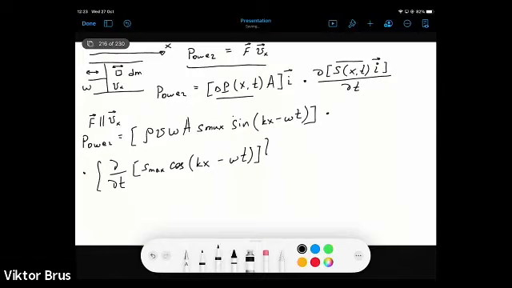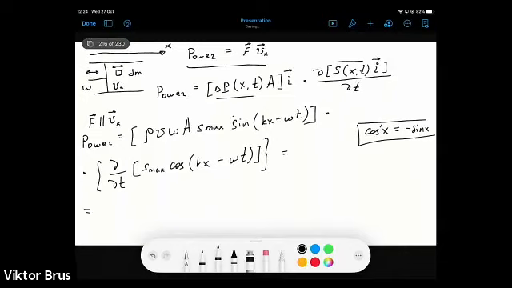Okay, so we have our equations we need to deal with. We remember that the derivative of cosine x is equal to minus sine x. And with this in mind, we can proceed further.